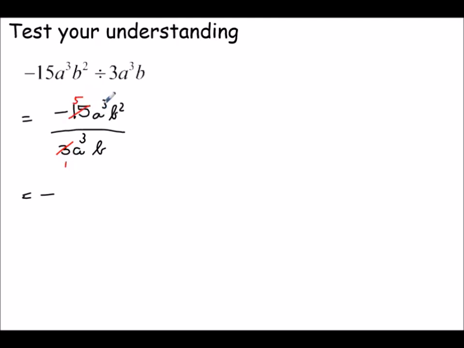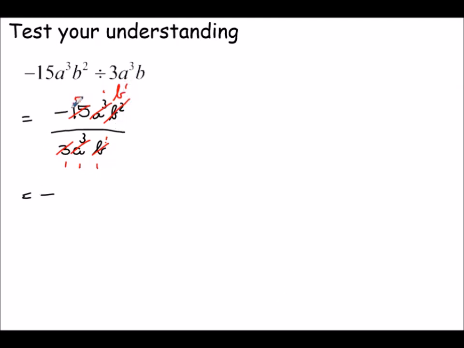I've got the same amount of a's, so when they're identical, they will just cancel each other out. And now I look at the b's. I've got more b's in the numerator, so that cancels. And remember, this is b to the 1, so I'm going to have b, 2 minus 1 is 1.